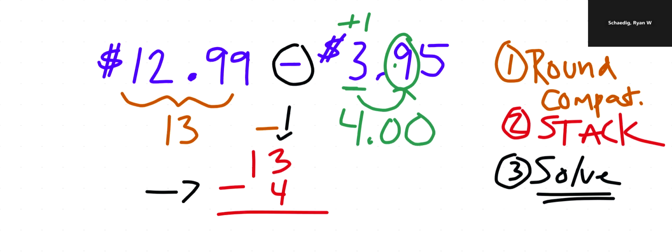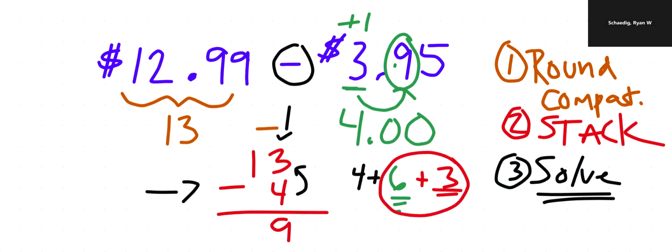We need to find the difference to 13. So let's see, 4 plus 6 gets me to 10. And then 10 plus 3 more gets me to 13. So I guess the difference is 9. Oh yeah, that makes sense. Okay, so there we go. It's about 9.